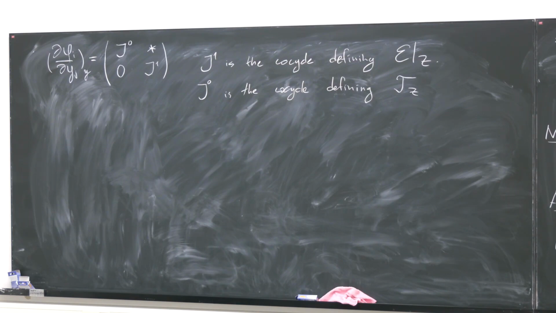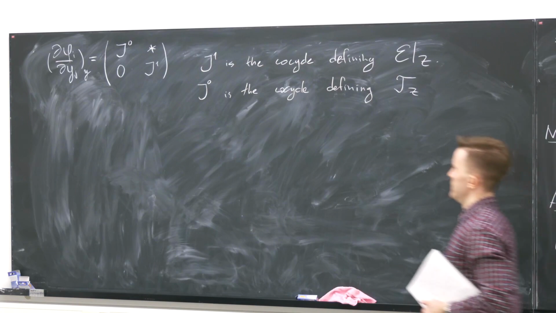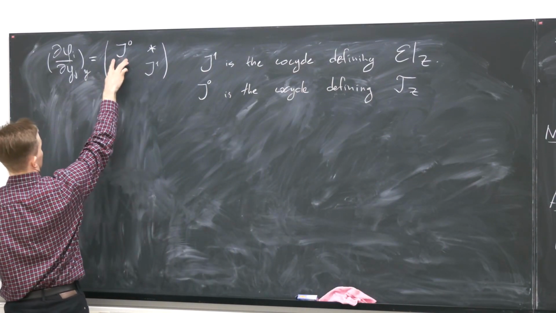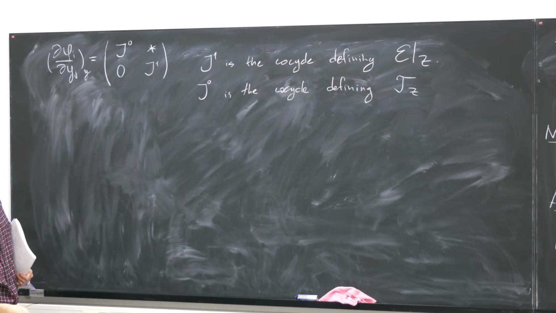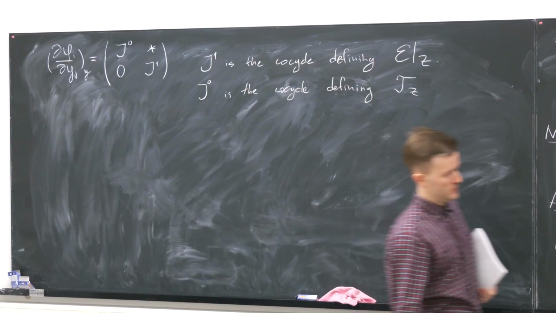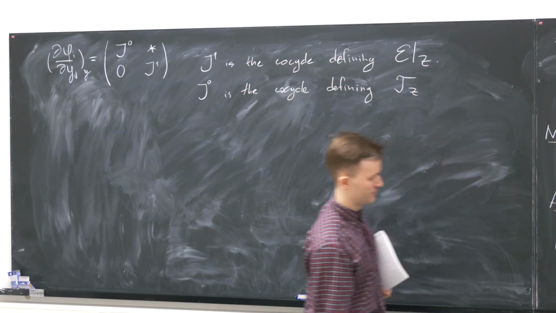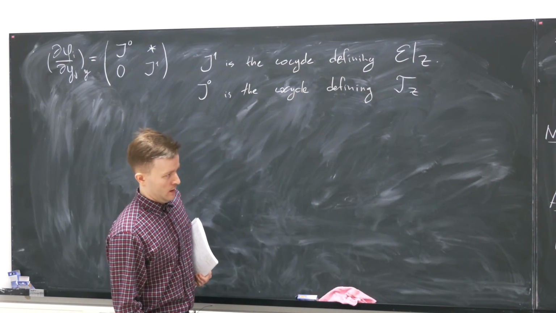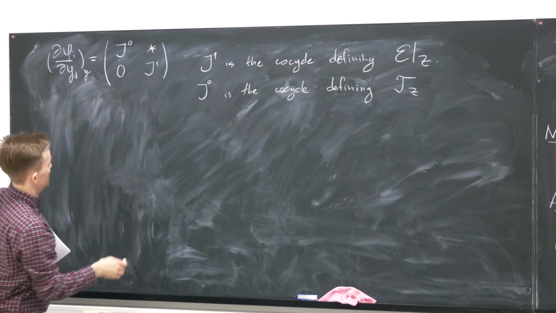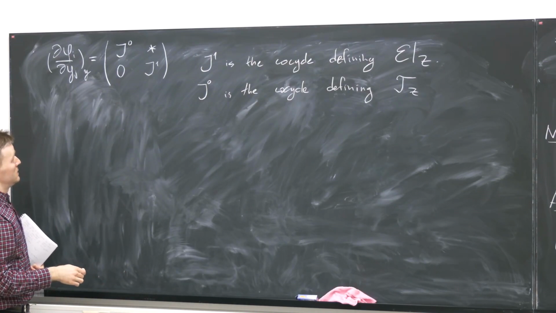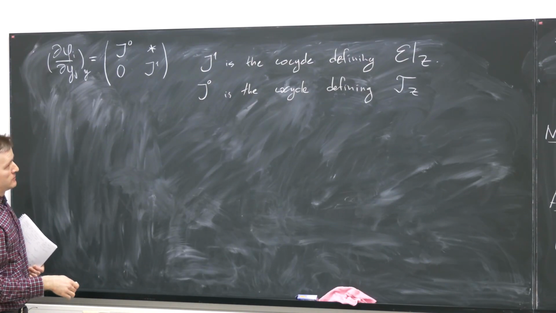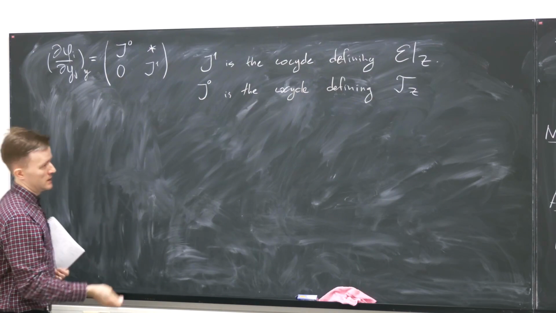So if I look at this piece of the Jacobi matrix in the top left corner, then this will be exactly the coordinate change for these local coordinates on Z. So we have this matrix of this form.